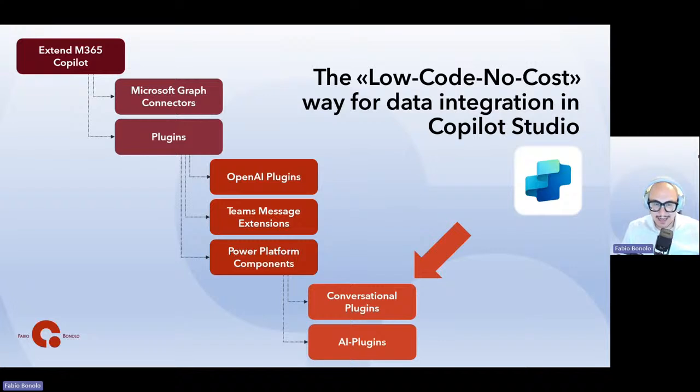And since I mentioned in the beginning, I want to work with low code and no cost, we choose the Power Platform components because it is low code. And there we use the conversational plugins, which don't activate additional licensing costs. But a lot of features are still in preview and therefore not usable.